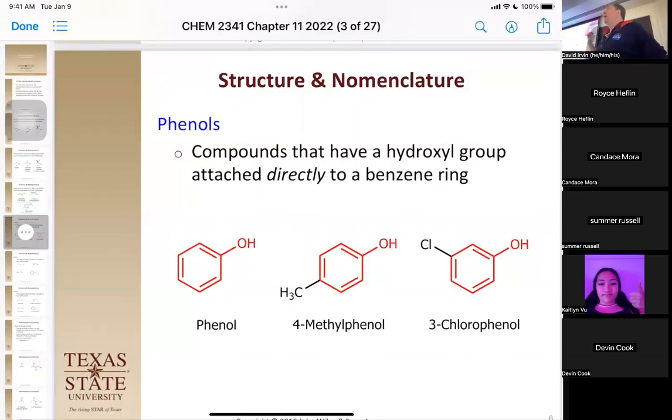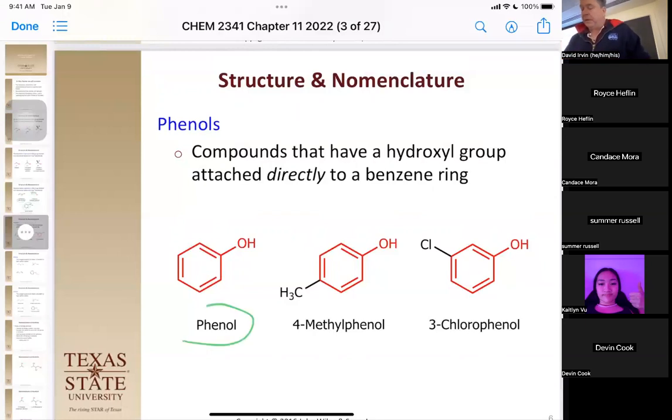Now, when we have the OH bonded to a benzene ring, we have a special group, okay? When we talked about acids and bases, we said phenol had a different acidity than an alcohol did because of conjugation. That's why they have their own special group, and we'll talk more about it next semester when we talk about benzene rings.